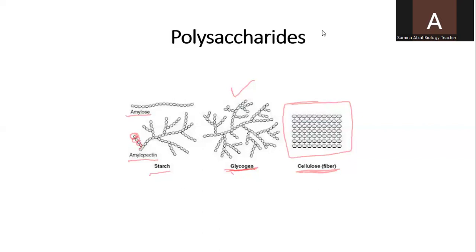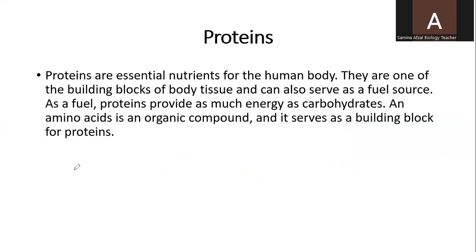The second type of biological molecules are proteins. And the unit of protein is amino acids. They are organic compounds which serve as building blocks for protein.